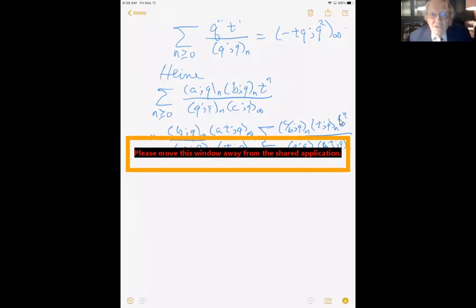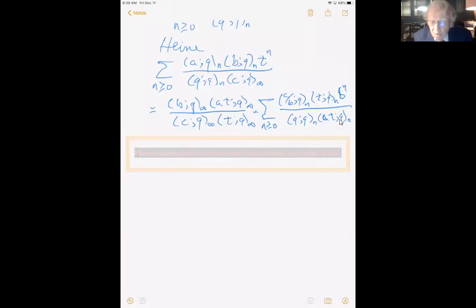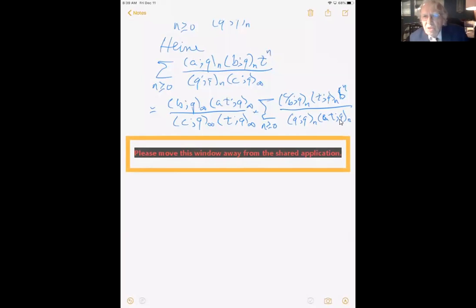So this is Heine's series, and various special cases of this appear explicitly in Ramanujan's Lost Notebook. But I want to take you through the proof of this, because Ramanujan quite clearly knew this method of proof inside and out, and this is probably most revelatory of how he would have searched, how he would have happened on the mock theta functions.